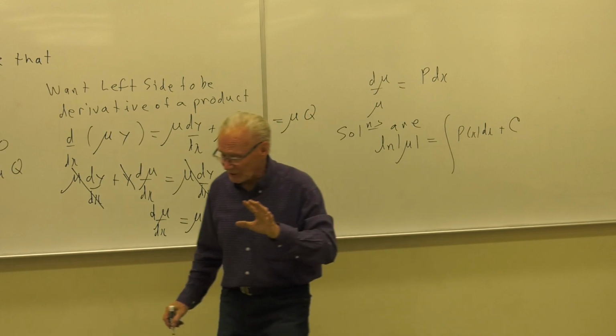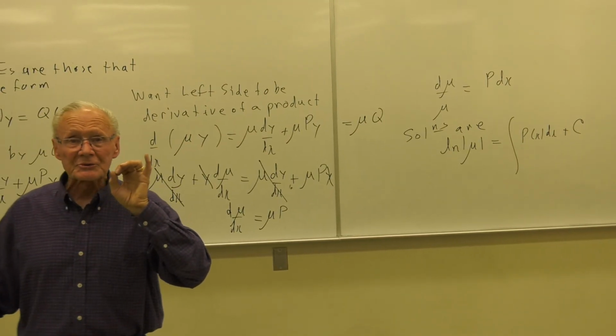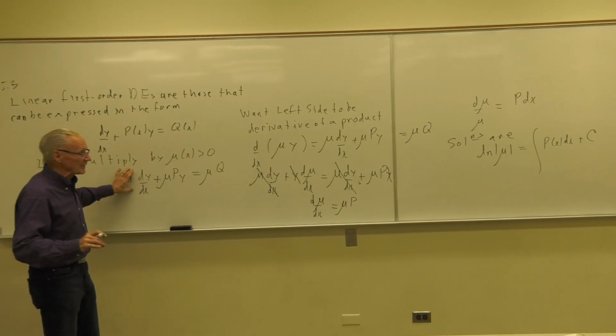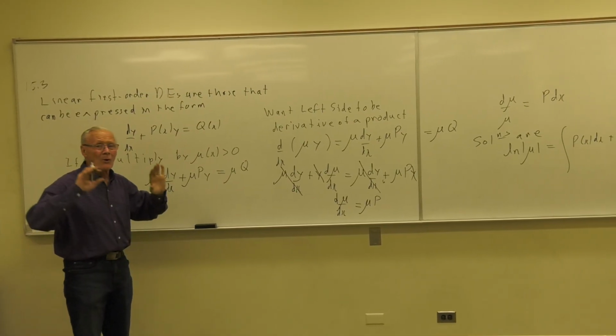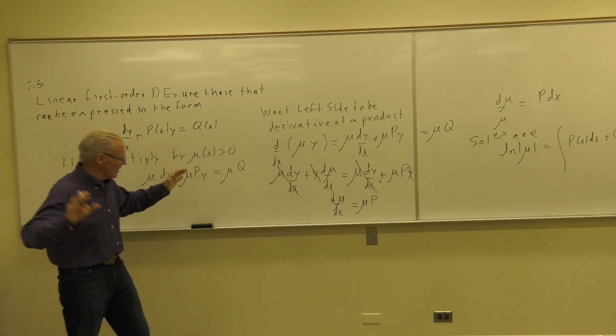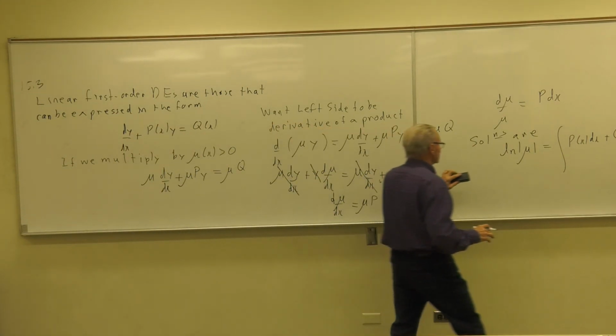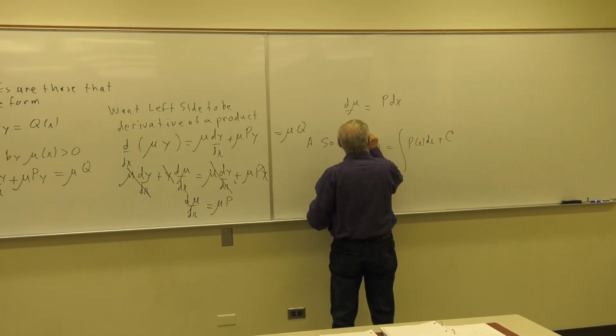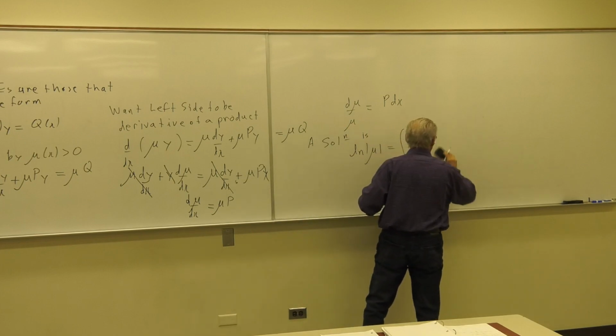Right? Now, what am I searching for? I'm searching for a function that will accomplish what I want. I don't want them all. One is all I'm happy with. So let's not write solutions. Let's write a solution is, and drop off the c.